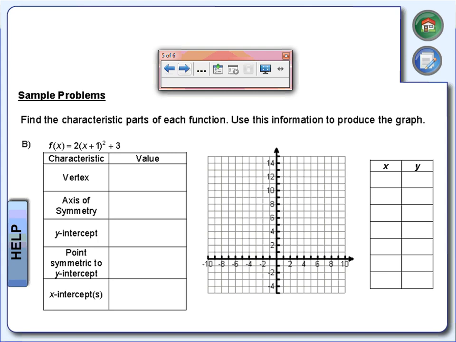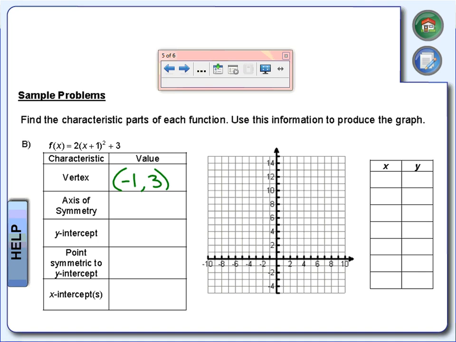According to our notes, it's (h, k). What is h? Nope, not 1, but you're close. -1. Remember we said we were going to change the sign? So it's -1. What about the k? 3. So our vertex for this function is (-1, 3).